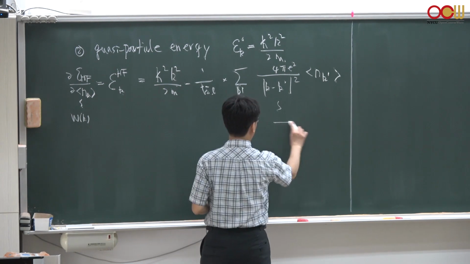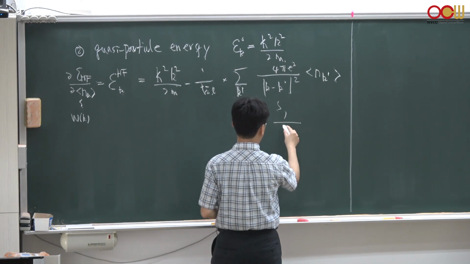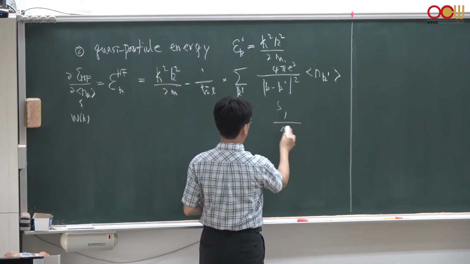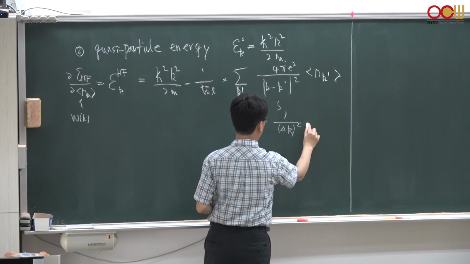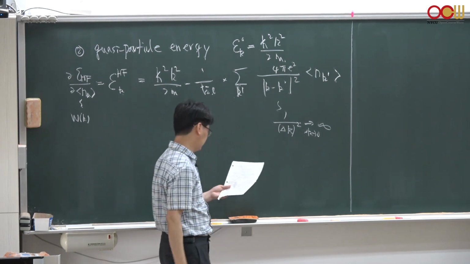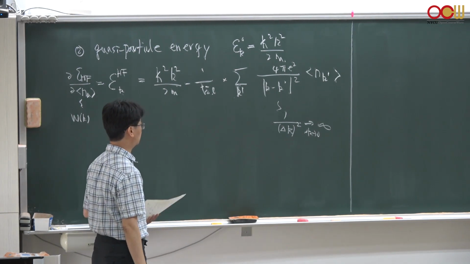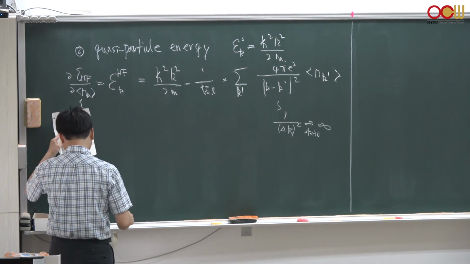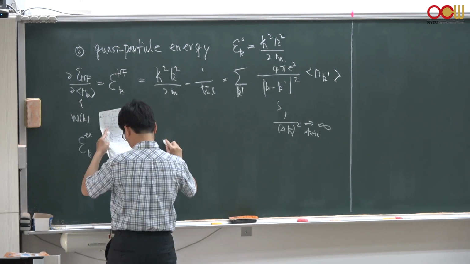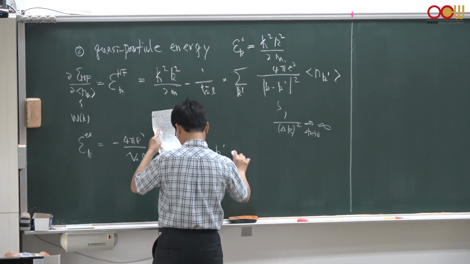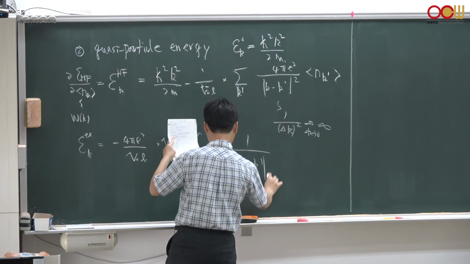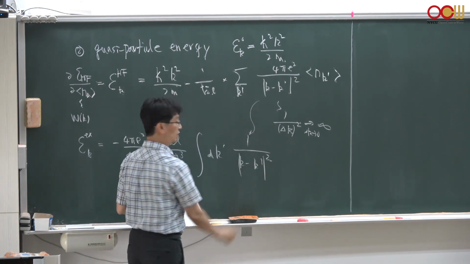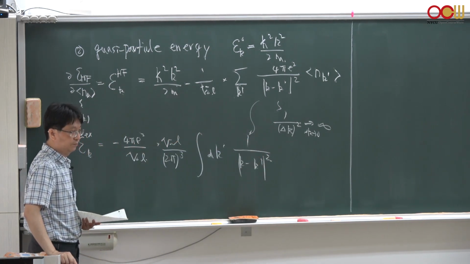When that happens, this divergence is really easy to see, because this is kind of a delta k or delta p, and when this delta k or delta p goes to 0, this diverges logarithmically. So we could really see that divergence. Let me just isolate this exchange energy, which is minus the volume integral d k prime of 1 over |k minus k prime| squared. All right, so this is nothing but this integral, at 0 temperature.